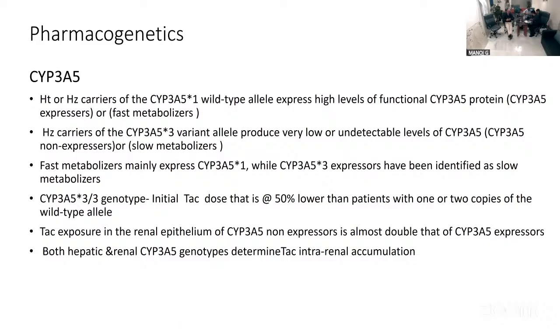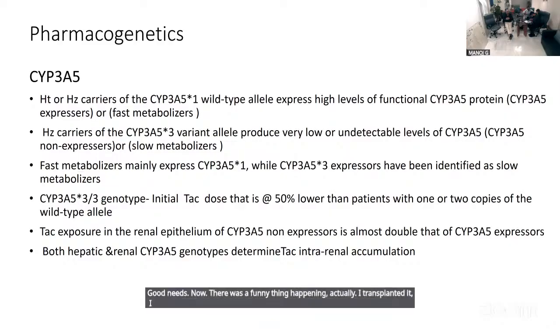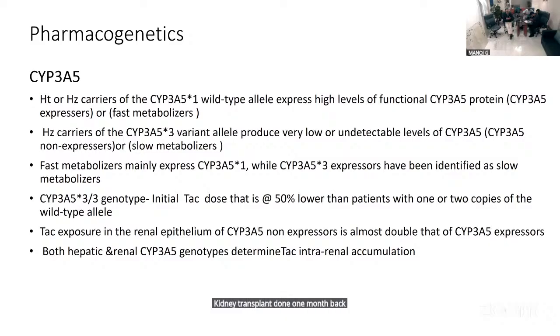Now, CYP3A5 genes are available both in hepatic and renal tissue, and both determine the tacrolimus exposure to the kidneys. There was a funny thing that happened. I did a simultaneous liver and kidney transplant one month back, and I had routinely got the genotype done.